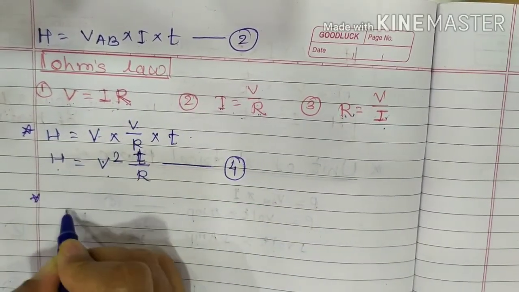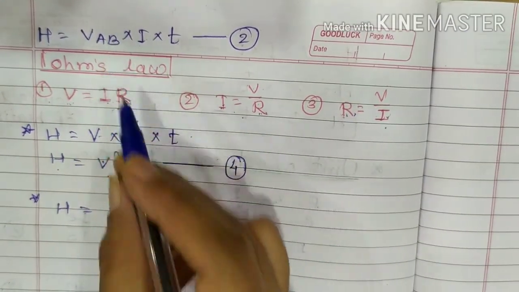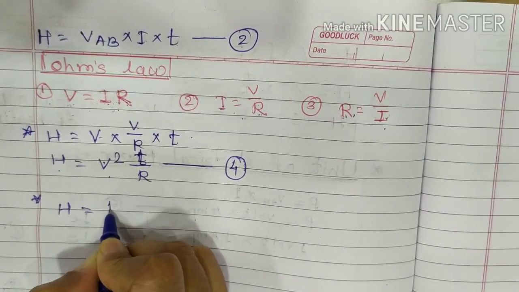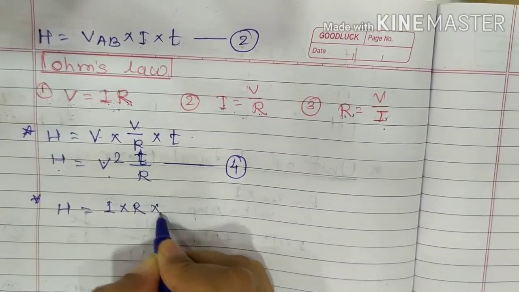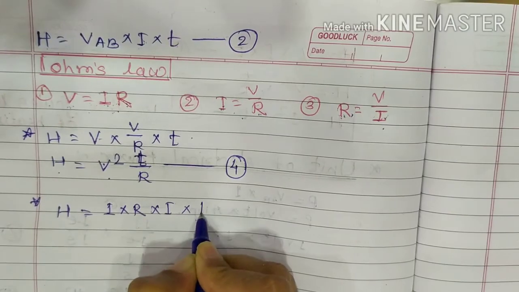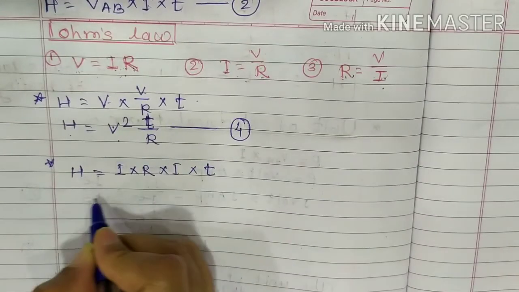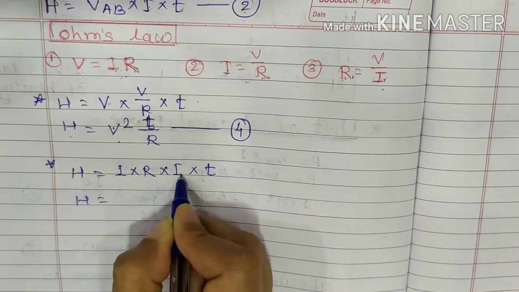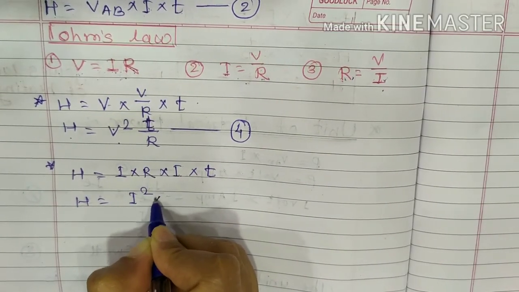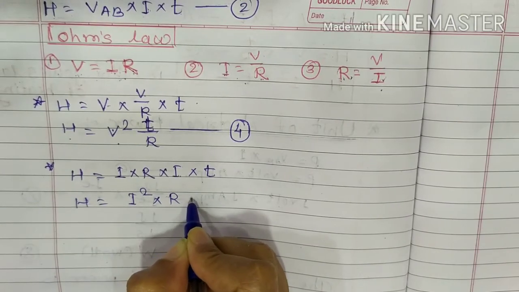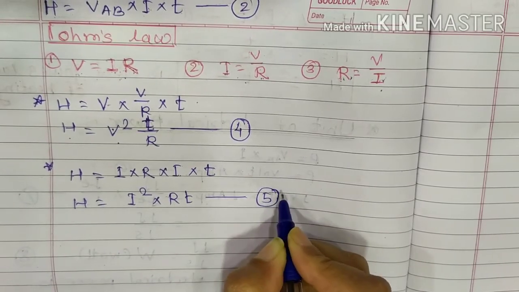And then the second way: we fill in V is equal to I into R, and I as it is, into T. Let us see the equation: H is equal to I square into R into T, and this is equation number 5.